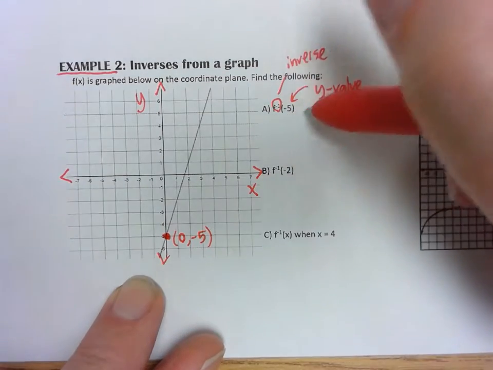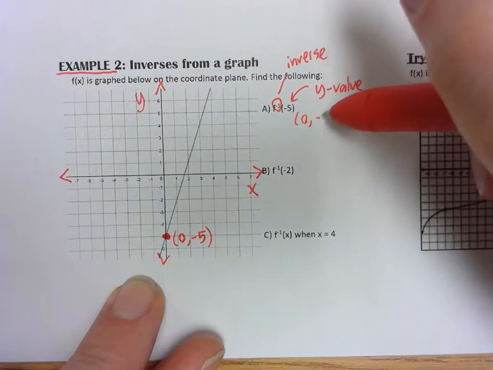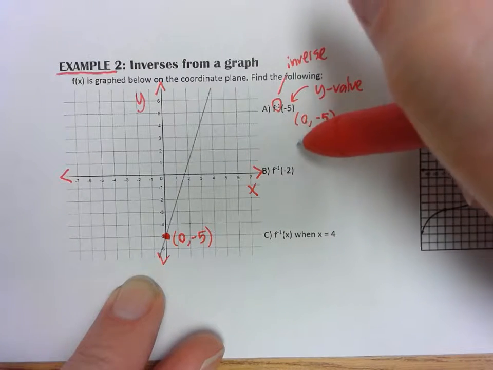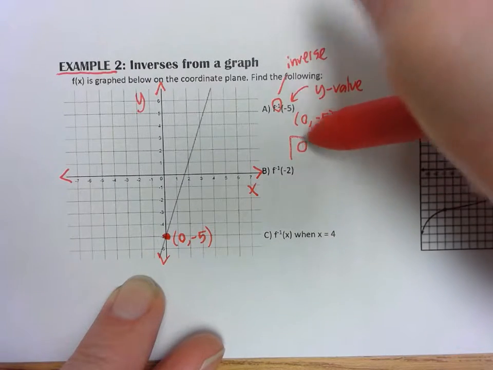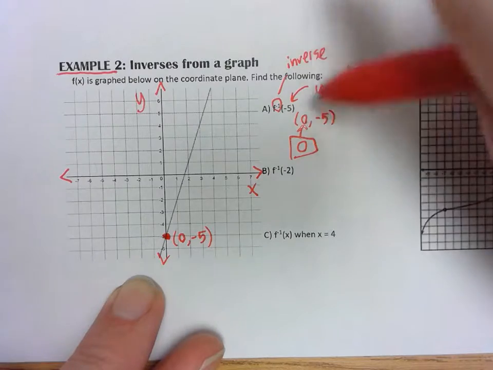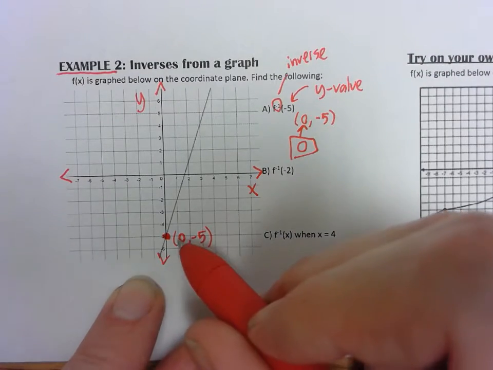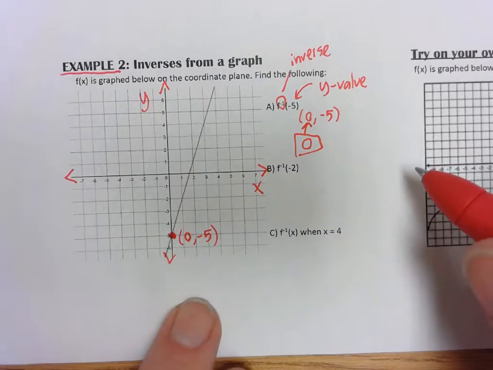So for there, since that's my coordinate of the original function, my y value is -5, my answer is going to be 0. Because that's what I get as an output when I plug in -5 into the y with the inverses.